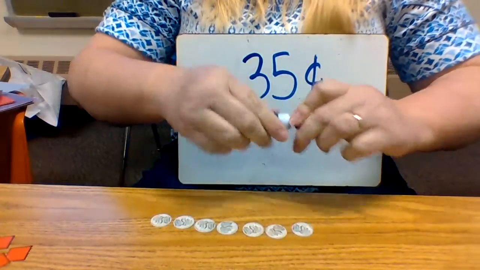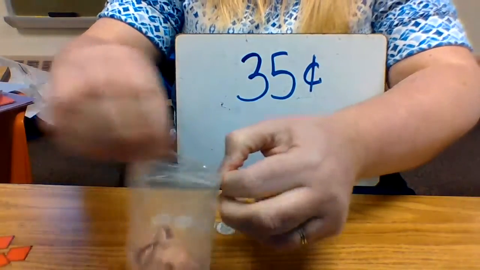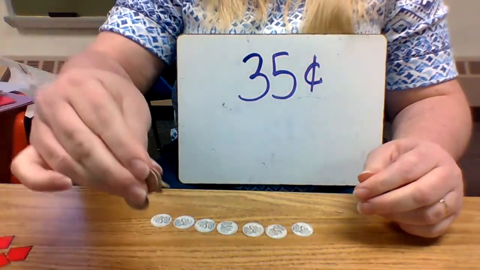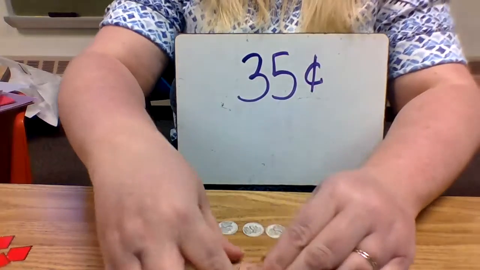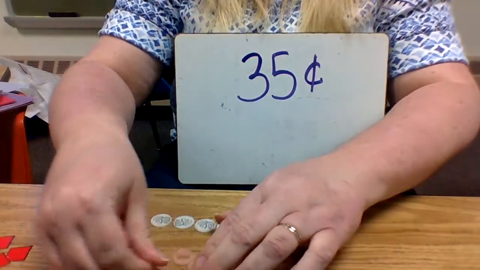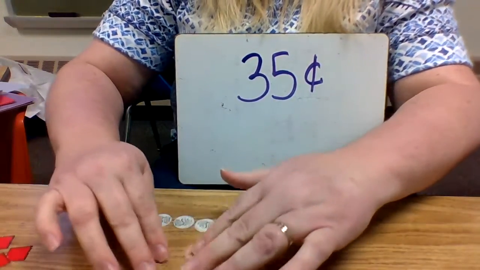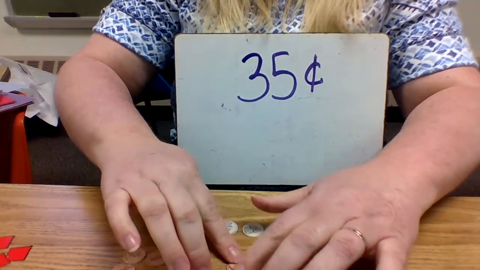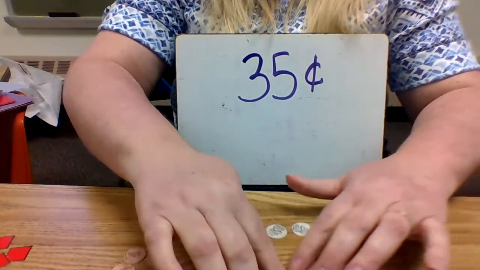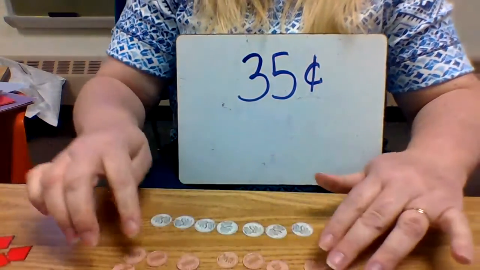All right. Now I have this little baggie of pennies. I'm just going to grab a little stack of them, lay them all out and count them. Now, a penny is worth 1 cent. So when I count the pennies, I'm going to count by ones.